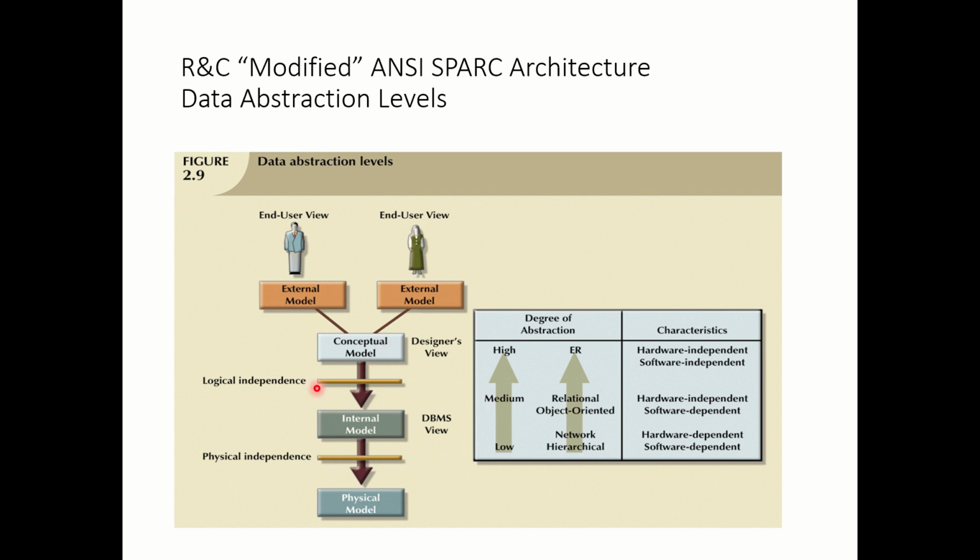In the lower level abstraction, you are mainly considering the network and the hierarchical model, and you will use a relational or object oriented model for the logical independence, and you will use the ERD diagram for the users. When you look at the low level abstraction, it will be both hardware dependent and software dependent, because you need to know what hardware you are going to use, how you are going to store the data, and which software you are going to use. All this information has to be very clear because you are going to implement it.